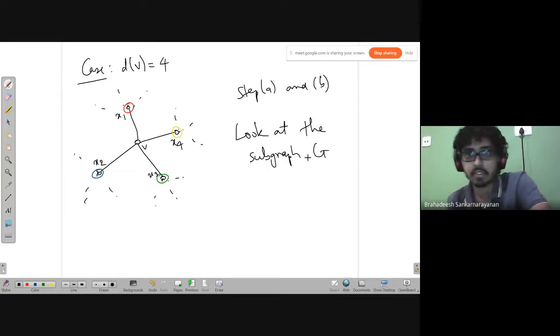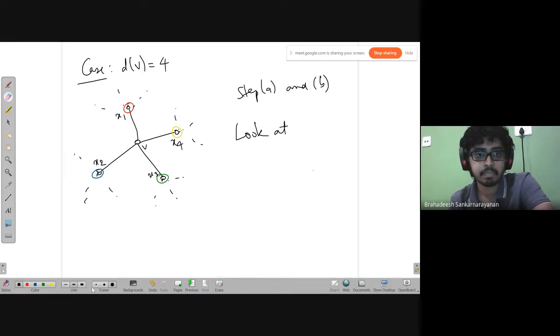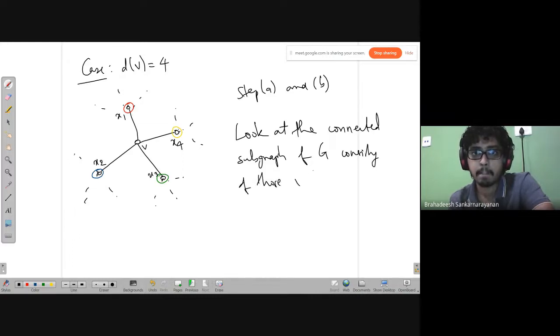Look at the connected subgraph of G consisting of those vertices colored blue or yellow only.